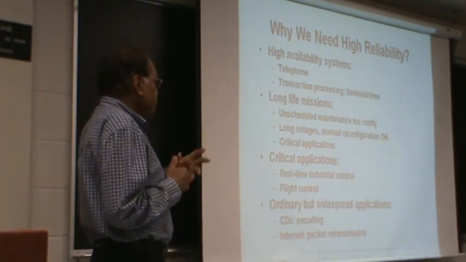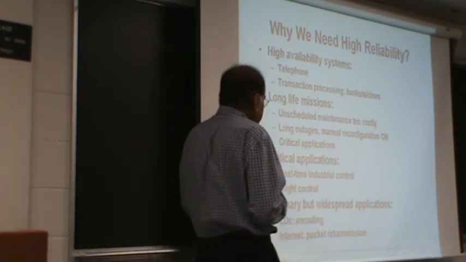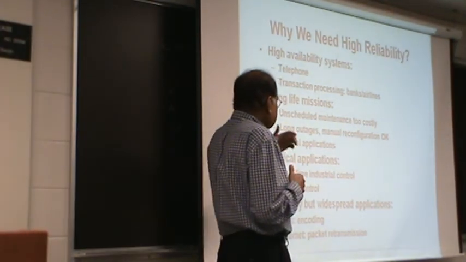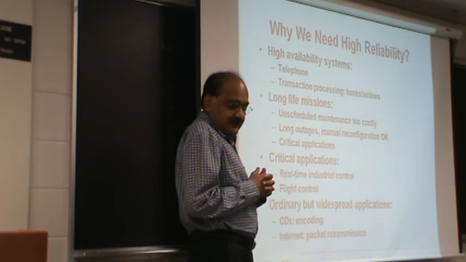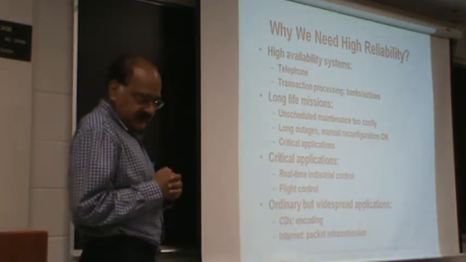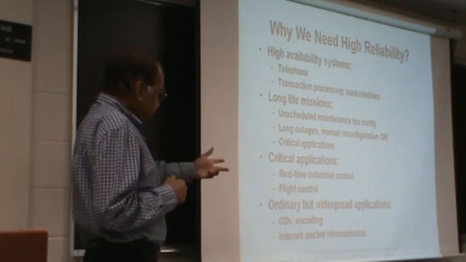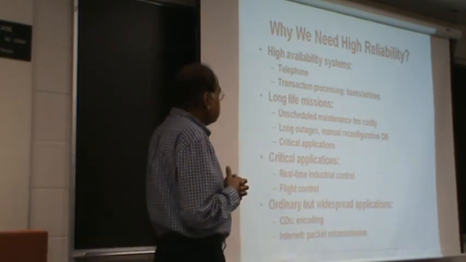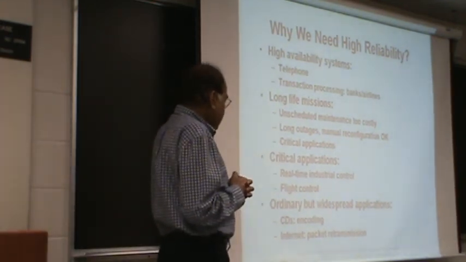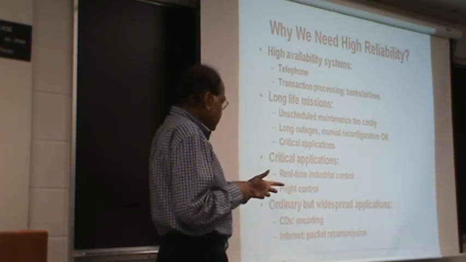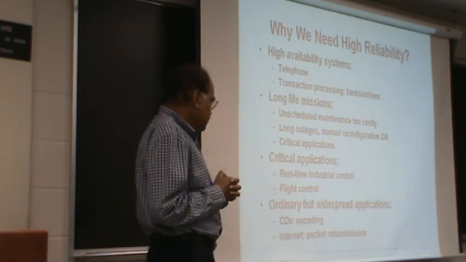In some cases, some manual reconfiguration may be okay. And there are some critical applications where you want them to continue uninterrupted for a long time. And then there are the critical applications: flight control is one of them, and real-time industrial control.